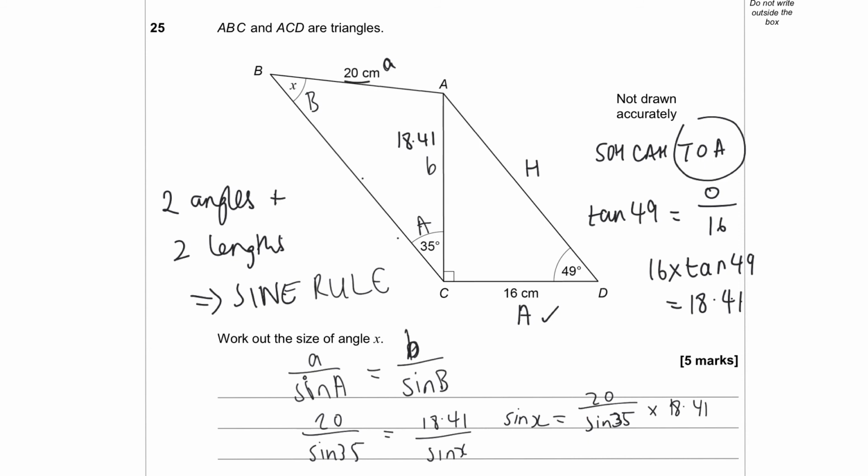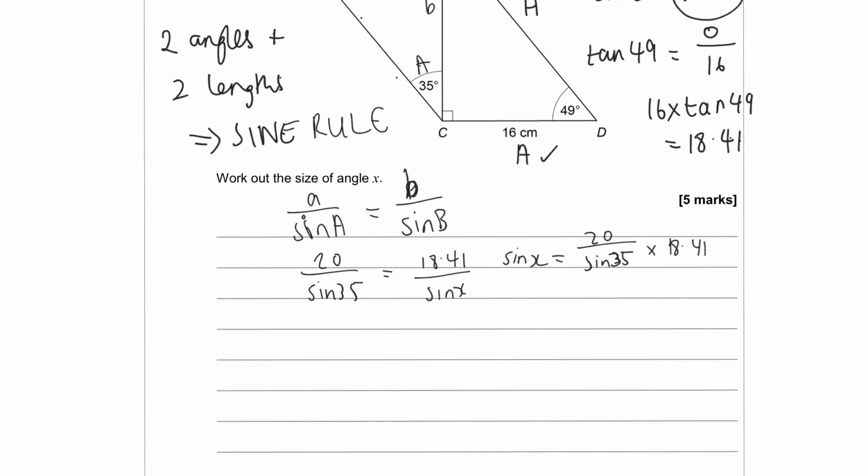Put that all in your calculator, and for a value for x, bear in mind you need to work out the inverse sine of all of that, because remember, whenever you work out the angles, you always do inverse. Put that all in and you should come up with an answer of x being, to three significant figures, 31.8 centimeters. Sorry, not centimeters, because it's not a length, it's an angle. Degrees.